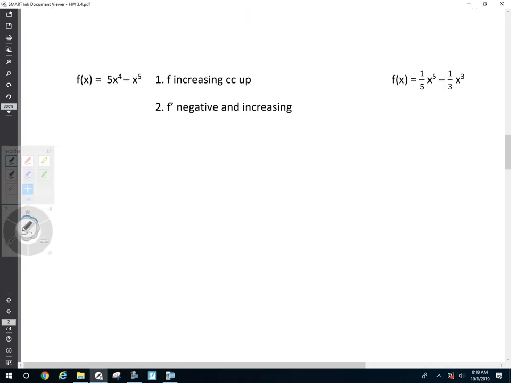All right, next one. Increasing, concave up, f prime negative and increasing. Let's just go ahead and do the sign analysis.